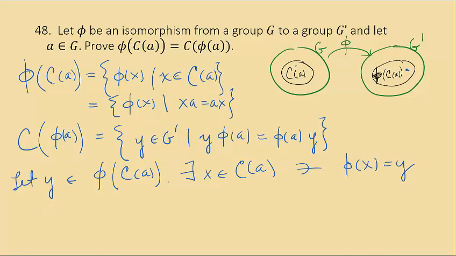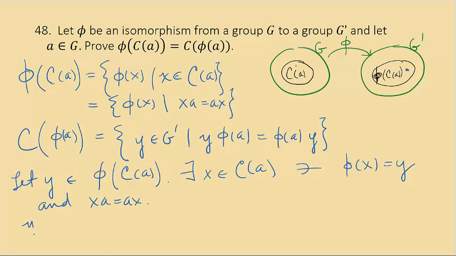And we know that x was in the centralizer, so let's note that xa equals ax. That's in G, because x came from the centralizer. Now I want to show that y is in the centralizer of phi of A. So I need to show that y commutes with phi of A.